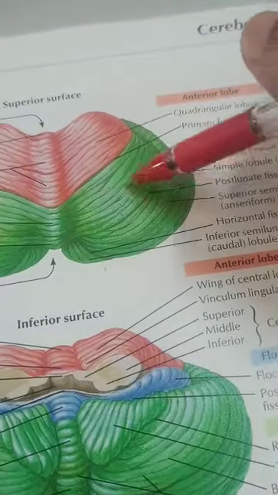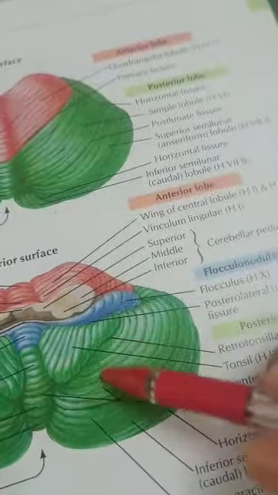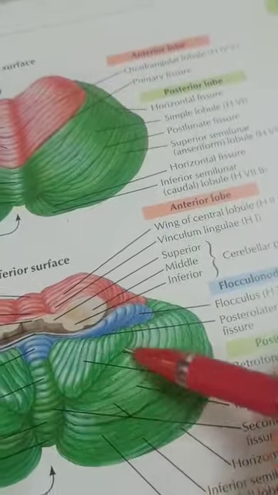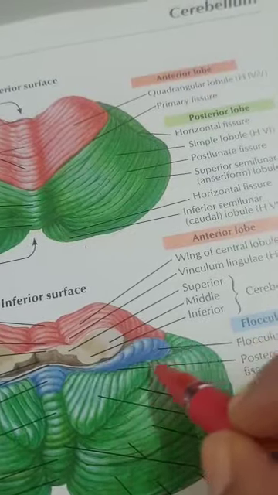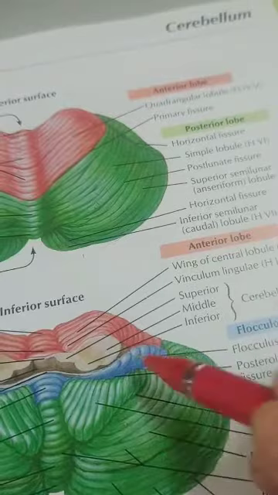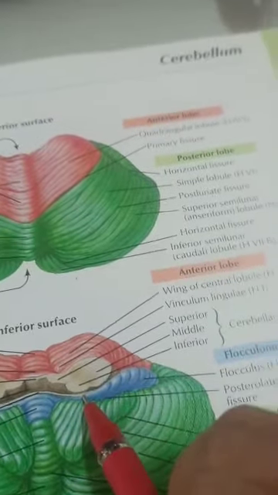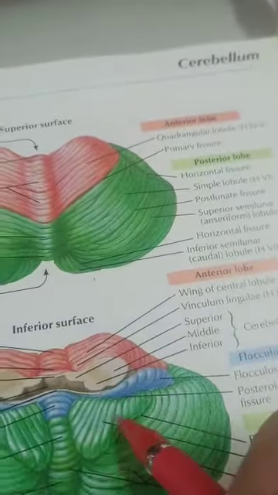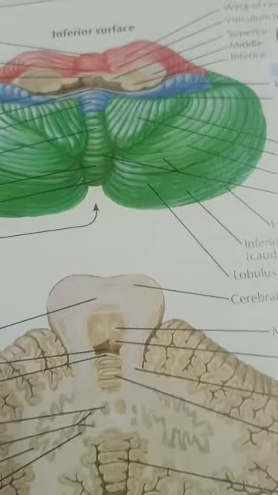Then the entire green colored region is the posterior lobe, and here we can make out a small blue colored region, the flocculonodular lobe. So the three lobes of the cerebellum are the anterior lobe, posterior lobe, and flocculonodular lobe. Both hemispheres are separated by a median portion, known as the vermis.